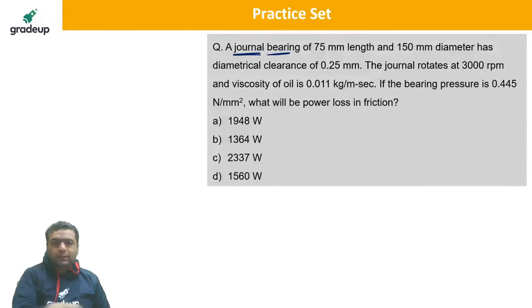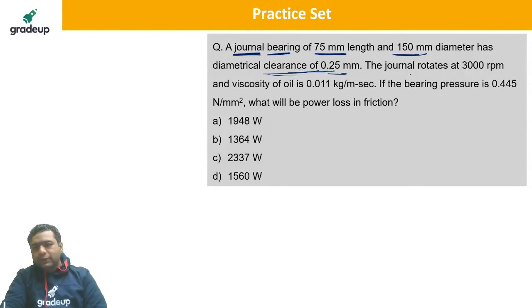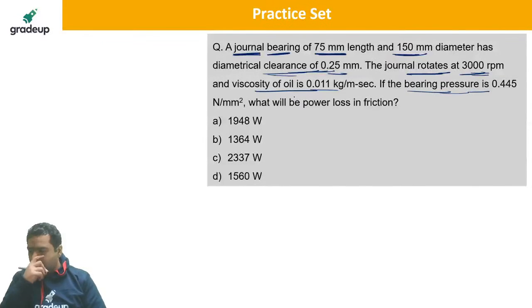Yes, a journal bearing whose length is 75 mm, 150 mm diameter, has diameter clearance 0.25. Journal rotates at 3000 rpm. Viscosity and bearing pressure are mentioned to you.